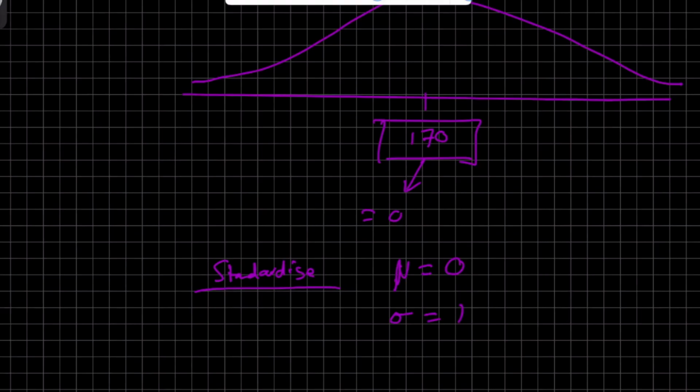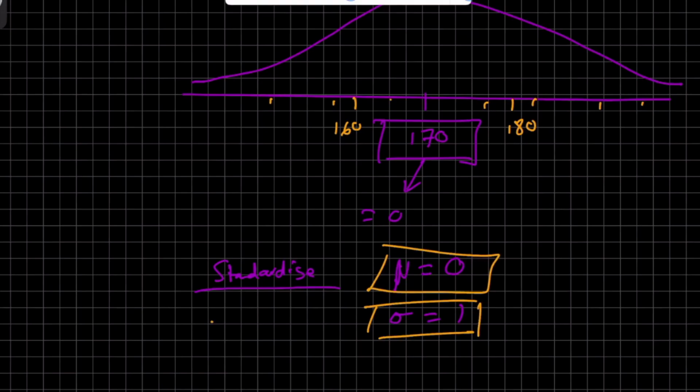Now we can do this for any number that falls within this range. So we can standardize any number over here. But just to illustrate the concept, let's standardize our 160 and 180 and see whether it gives us a standard deviation of 1 and a mean of 0. So our equation to standardize a value x, our height x, would be x minus the mean divided by the graph's current standard deviation.